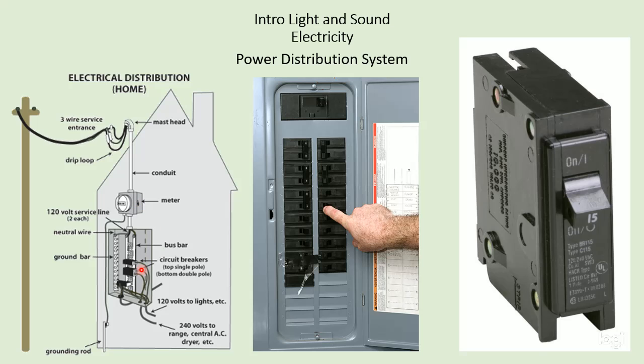And then it comes into a distribution panel. Many of you may have seen this distribution panel in the house if you're using the toaster and the microwave all at the same time and suddenly they stop working. You find this power panel in your house and you reset this thing called a circuit breaker. A circuit breaker is a protection device.